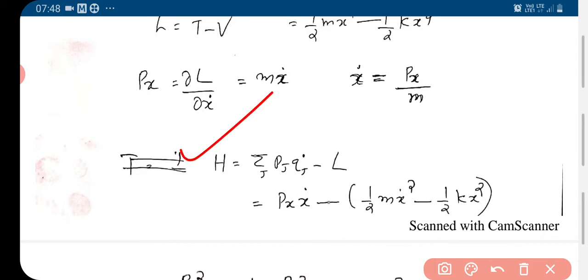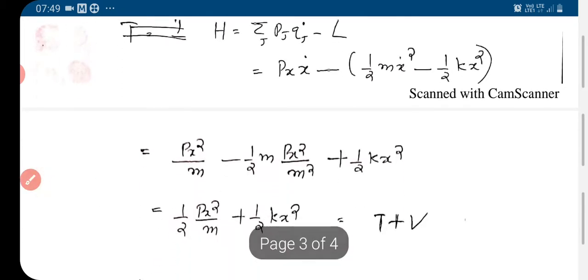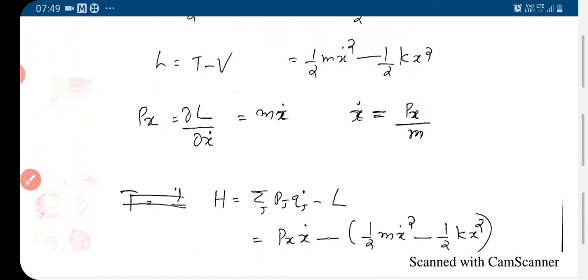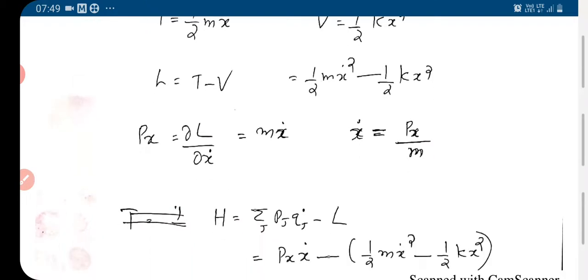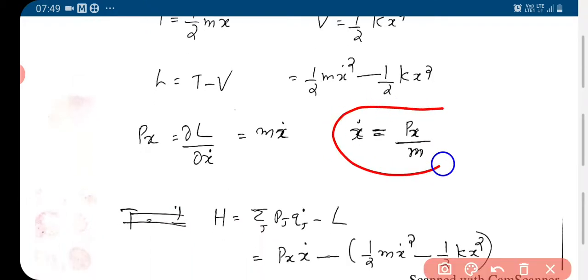The Hamiltonian is given by the sum over j of p j q j dot, which is px x dot. We have only one variable, so px x dot minus half m x dot squared minus half k x squared, the Lagrangian. For x dot we can give px by m.